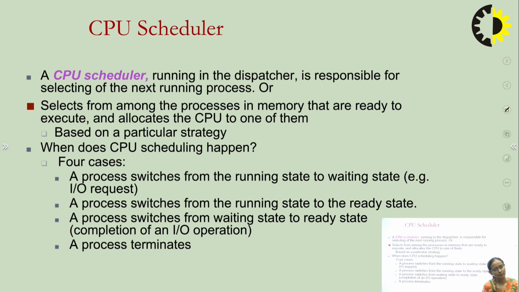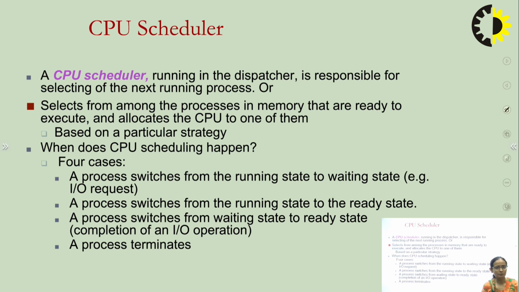Basically, when does CPU scheduling happen, that is, when do we have to make a decision about the next process to be selected? There are 4 cases. Number 1, a process switches from the running state to the waiting state. For example, a process is running, but now some input output activity is required, then it will automatically go from running to waiting state.